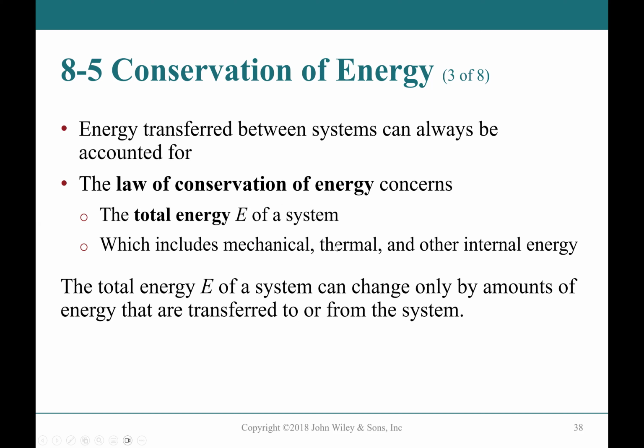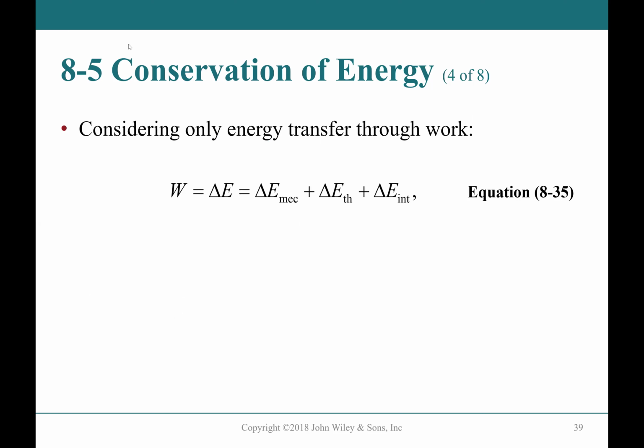We only need to calculate these two so far, but you are going to see a lot of different types of energy in future. So the total energy E of a system can change only by amounts of energy that are transferred to or from the system. So you must have some input, then you have change. If you do not have any input, nothing will change in the system, okay?